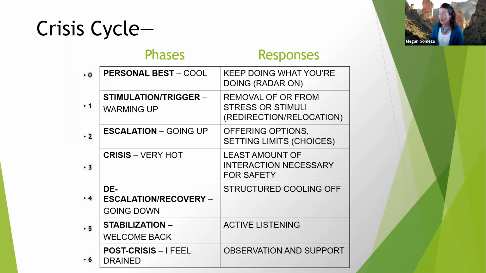That might mean that you're not talking with them, that you're sitting quietly with them, that you're observing their body language, and that you are just simply monitoring for safety, right? Once you get to the crisis phase, it's very likely that you have to complete the other 3 phases. The client will definitely complete the other 3 phases.